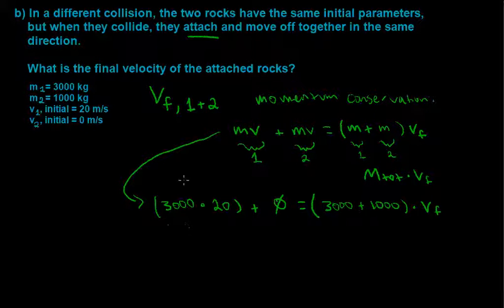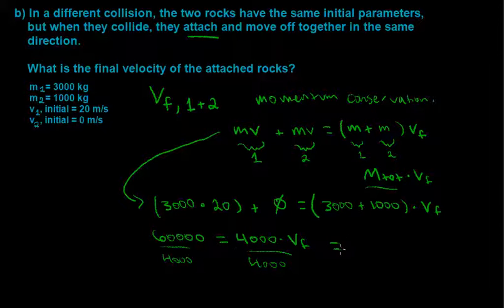So we just do our simple math. 3,000 times 20 is 60,000. This is going to equal 4,000, which is our total mass, times our final velocity, and then we divide by 4,000 on both sides, and we get that our final velocity of the two attached rocks is 15 meters per second.